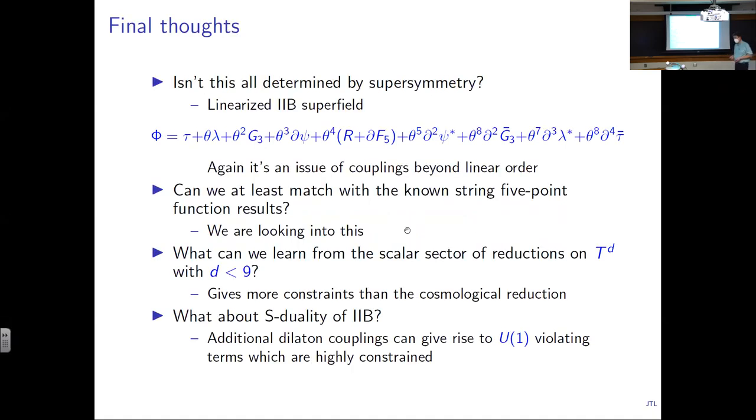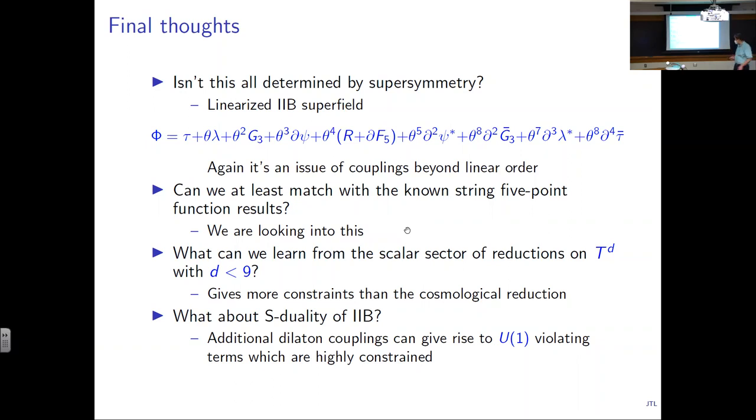I have to say, this is a very quick sentence over here. There's a lot you can do with S-duality in 2B. Forget about T-duality. Just the 10-dimensional 2B effective action. I already mentioned, there's these non-holomorphic Eisensteins and things like that. There's U1 preserving, U1 breaking combinations. We know certain things about maximal U1R violation terms.